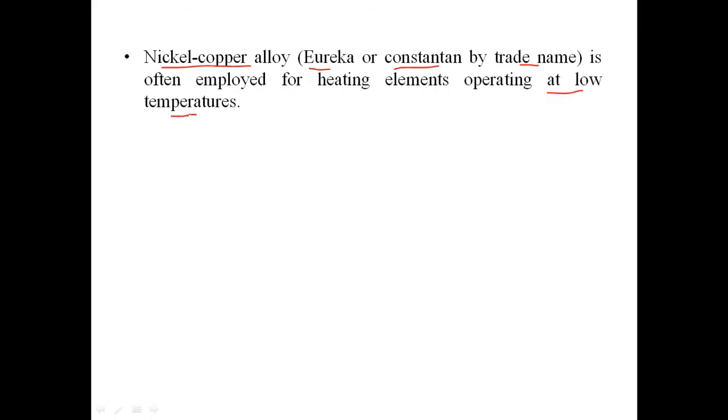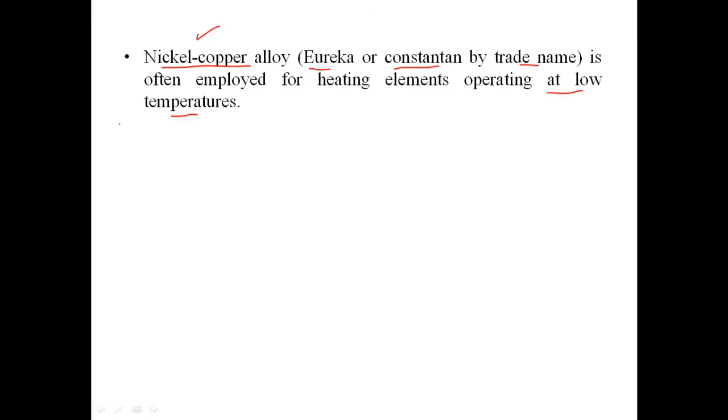The most important advantage of this combination is that it has an almost zero temperature coefficient, meaning that as the temperature varies, the resistance remains constant. That's why it is called Constantan. That is one property we had in the requirement of properties. We cannot get all those properties in one element, so we mix 2 or 3 elements and try to match more of the requirements.